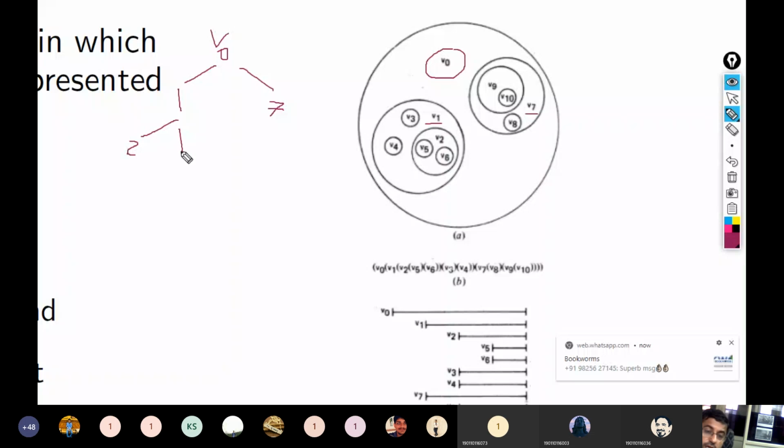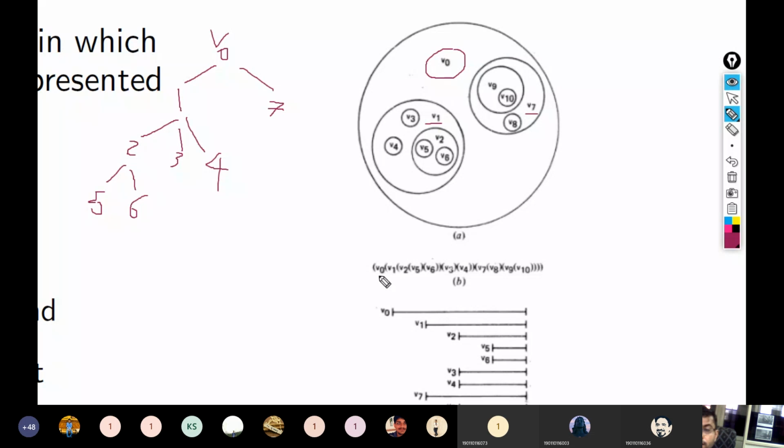V2, V3, and V4. And V2 again has two subtrees, that is V5 and V6, right? Now the same tree is represented in the form of this parenthesis.